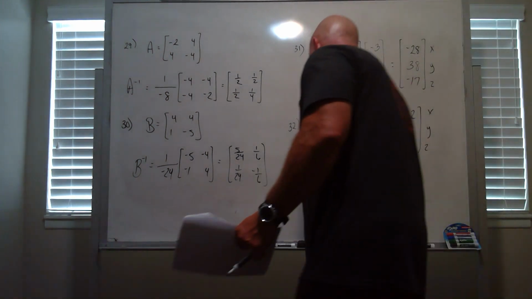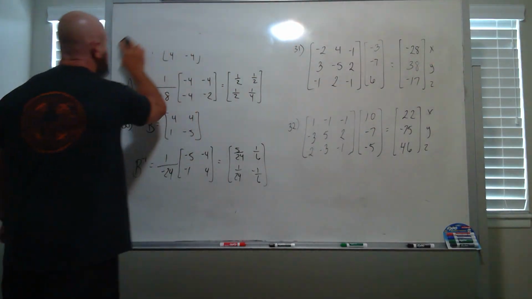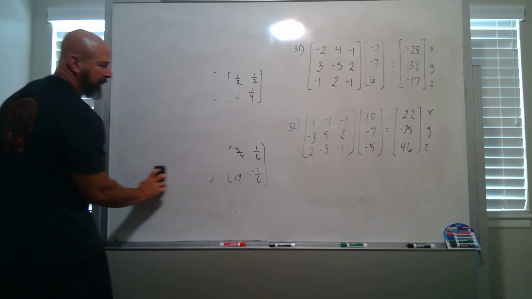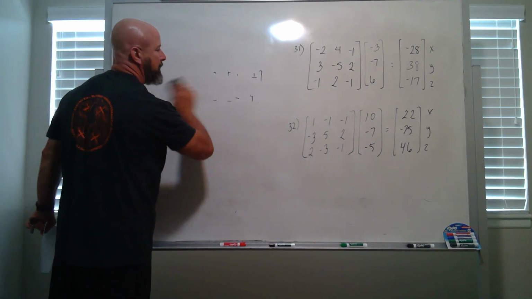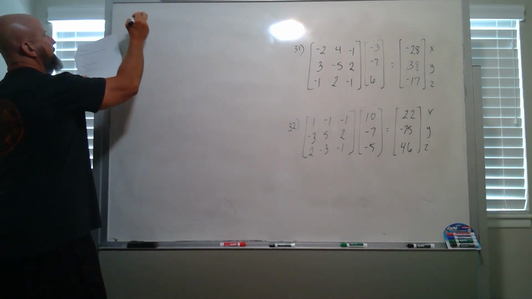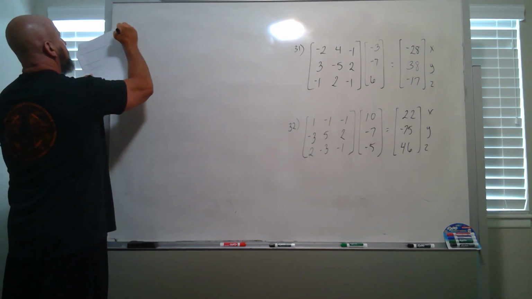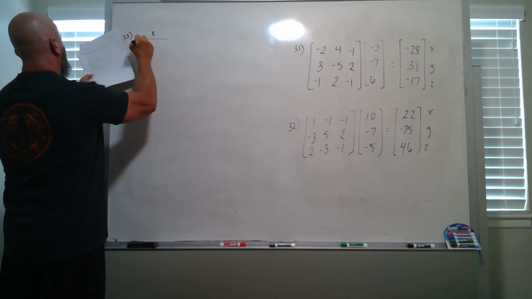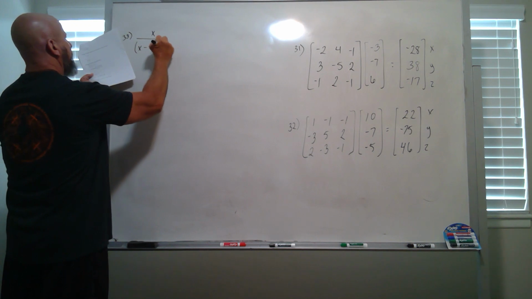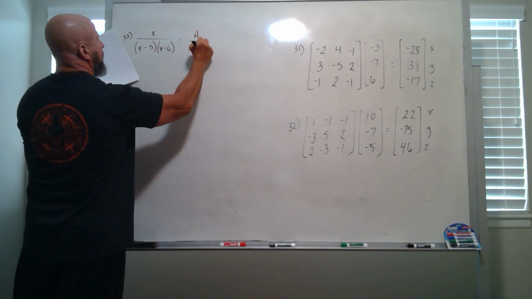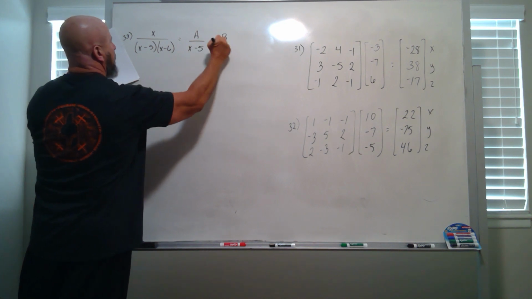All right, partial fraction decomposition. So on 33, it's not factored. So one of the things I want to do when I see that denominator not factored, let's go ahead and factor it. So this would be x over x minus 5, x minus 6. So now I know it'll be A over x minus 5 plus B over x minus 6.